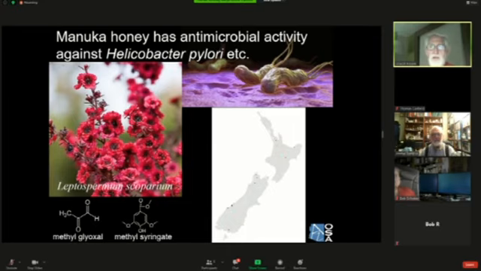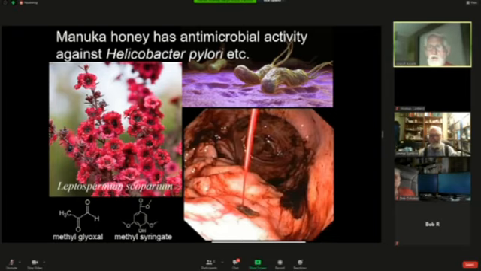Well, manuka honey is one of these things that, when ingested, is very effective in treating this bacteria. Now, this shows you what happens when the bacteria erodes the tissue to the point where it compromises a small artery in the lining of the stomach. And so you see here, under arterial pressure, the blood being pumped out of the artery into the gut itself.